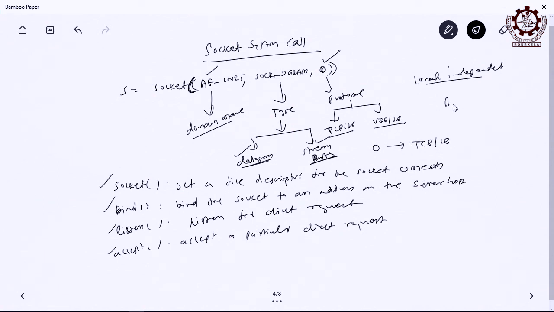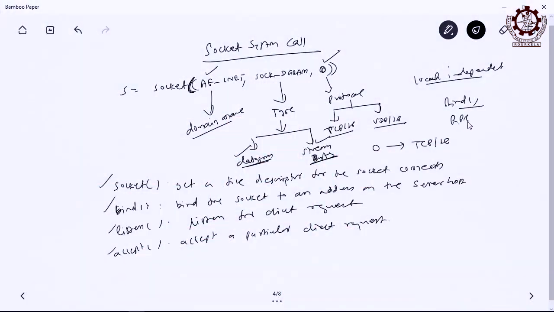For that you use the bind system call, where the socket must be bound to a name, to a server address, and only then is the communication possible. You shall see this in inter-process communication in the form of RPC, that is remote procedure calling, how it uses the binding service to assign a server address to the socket, and the socket system call, whenever it is executed, will return a file descriptor.